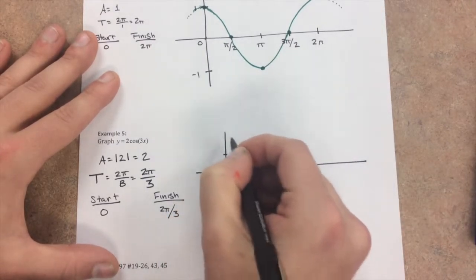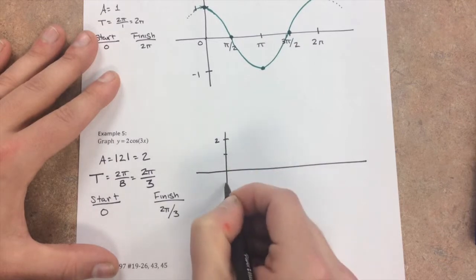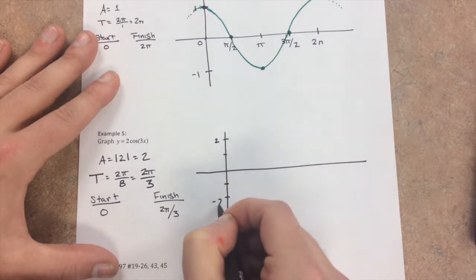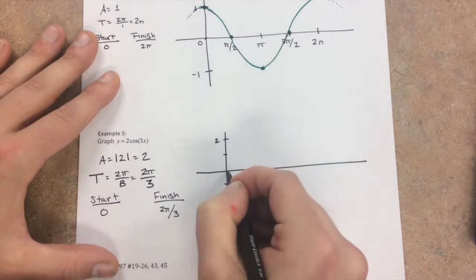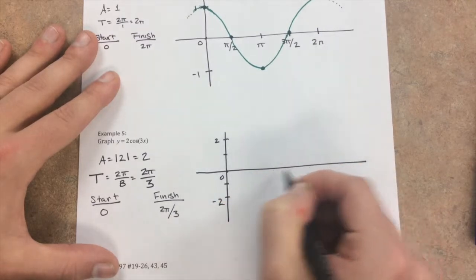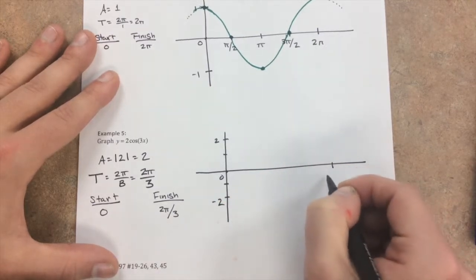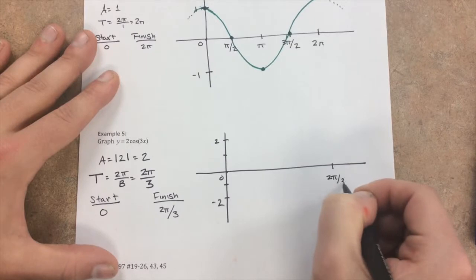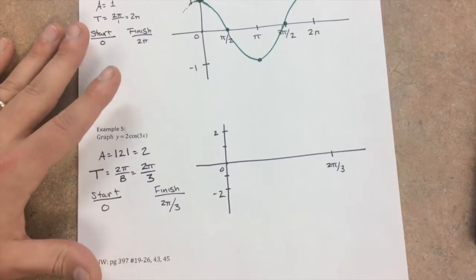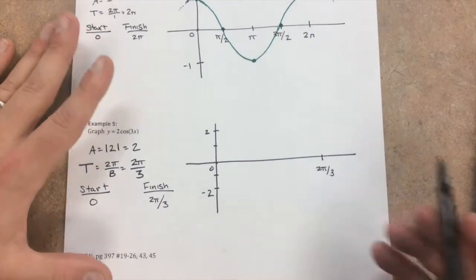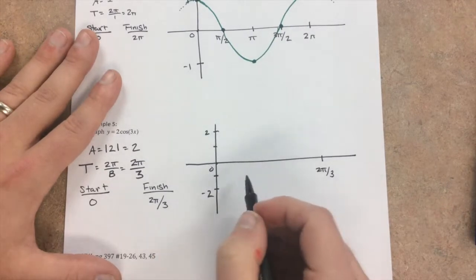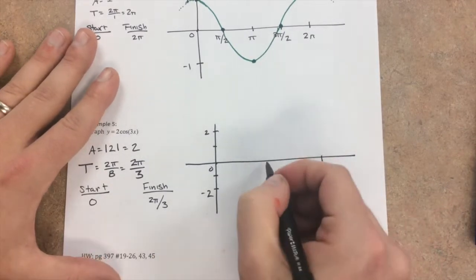Okay, so we have everything we need, and we're just going to graph our cosine. The highest place we're going to be is 2, and the lowest place is negative 2. Here we got our 0 value, and if we go out to 2 pi over 3, then we've got our graph. So how do we do this by hand? Cut 2 pi over 3 in half.